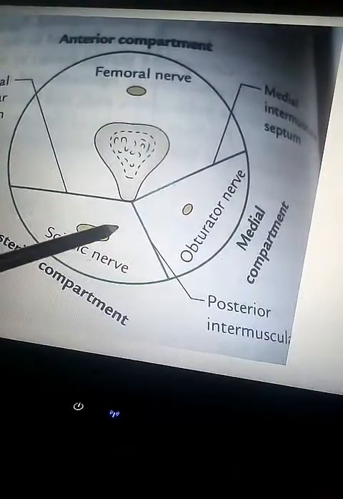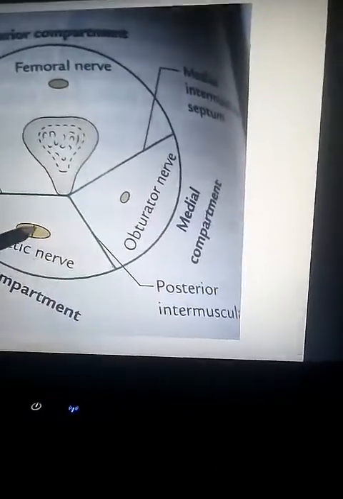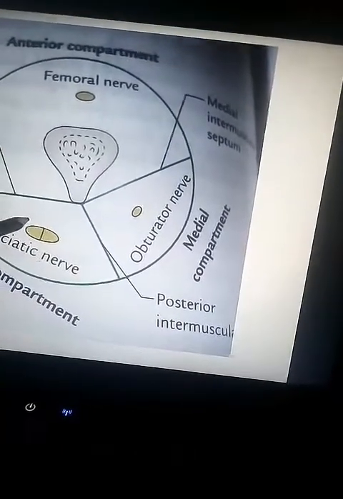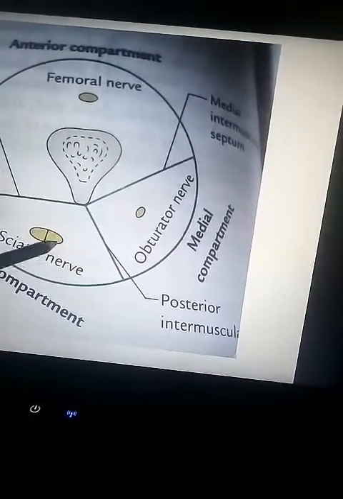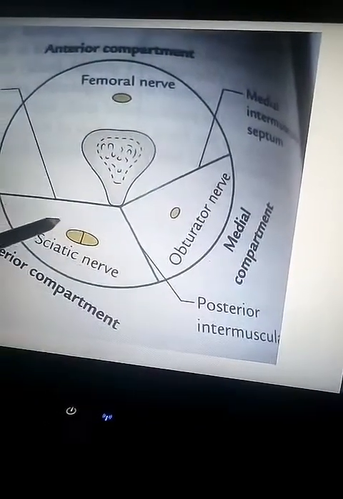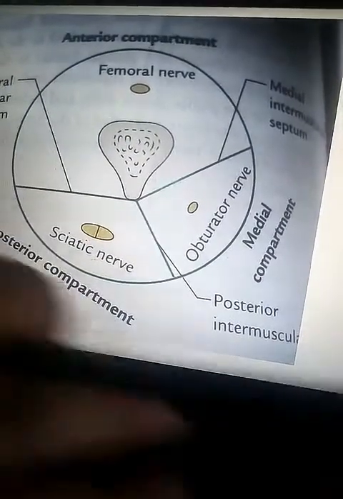The muscles of the posterior compartment are the hamstring muscles and the short head of biceps femoris. The nerve of the posterior compartment is the sciatic nerve, and the arteries are from the arterial anastomosis on the back of the thigh.